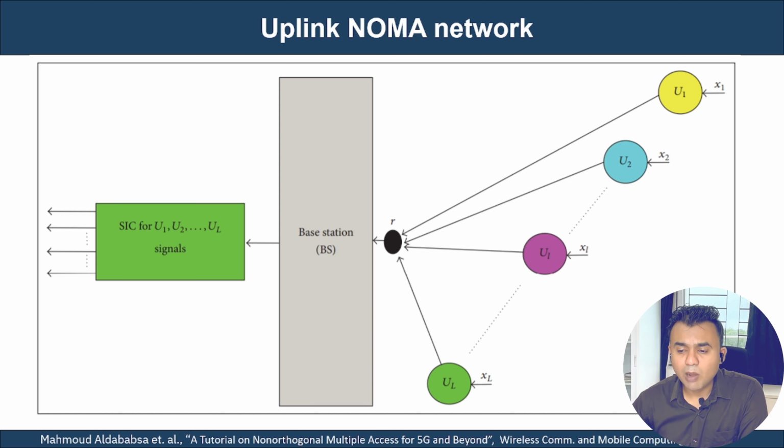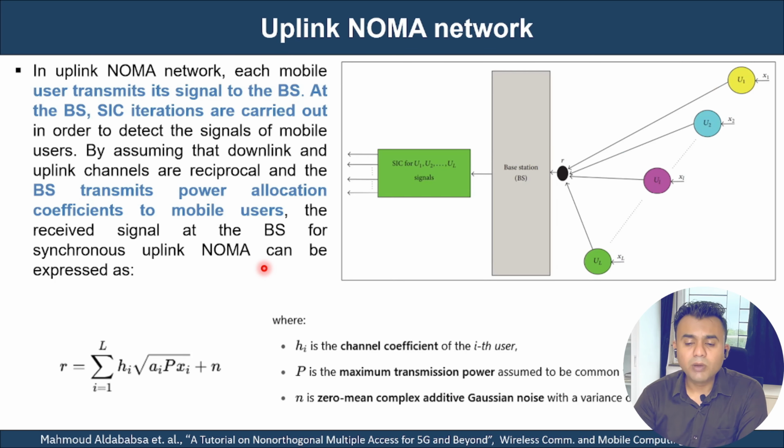Now let's say uplink, that means users are transmitting towards the base station. X1 gets transmitted from U1, then X2, and so on. All these messages come in, and the base station performs SIC for all the users and receives the signal from all of them.